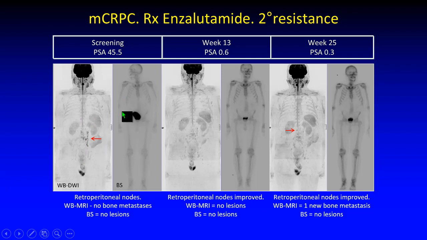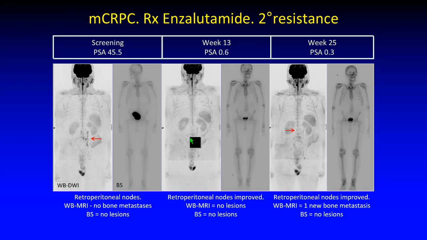Here is the bone scan. So the bone scan is negative because there's no bone disease. That's fine. The patient starts on a very expensive treatment called enzalutamide, which is an AR blocker. You can see that the PSA goes down, so your clinician's extremely happy that things seem to be working. The bone scan on the follow-up you see is still negative because there's no bone metastases, and you can see a response here in the retroperitoneal lymph node. So everybody's feeling great.